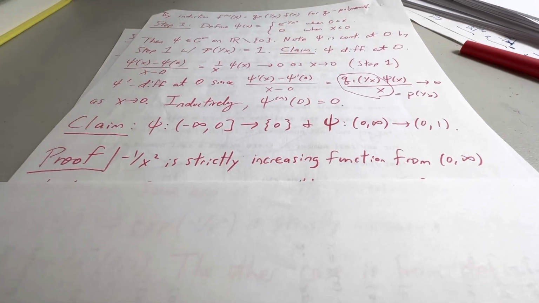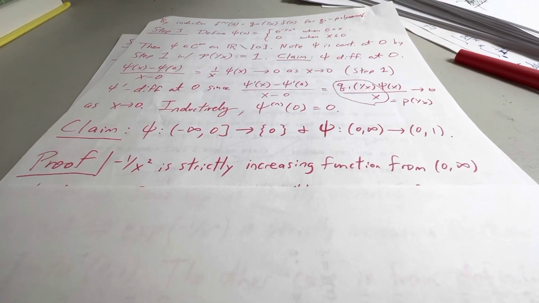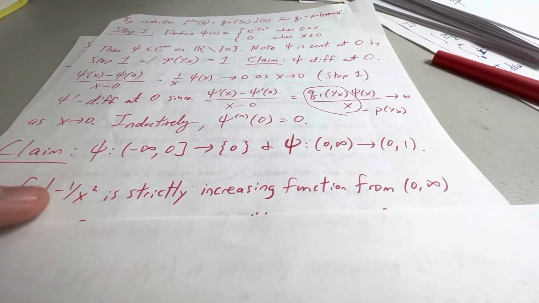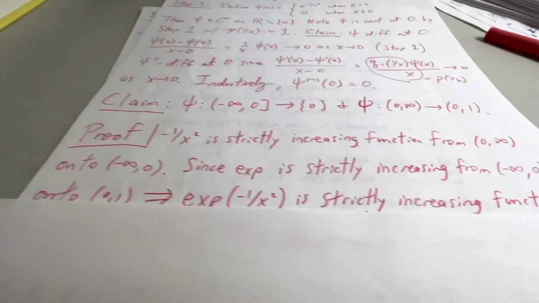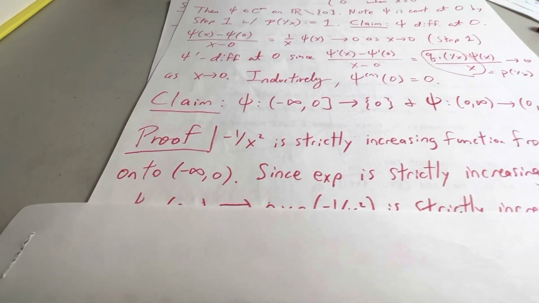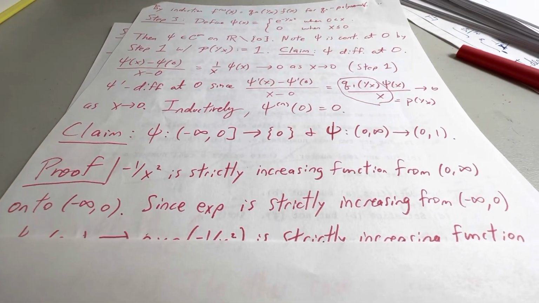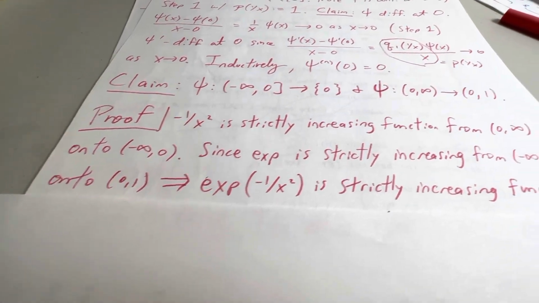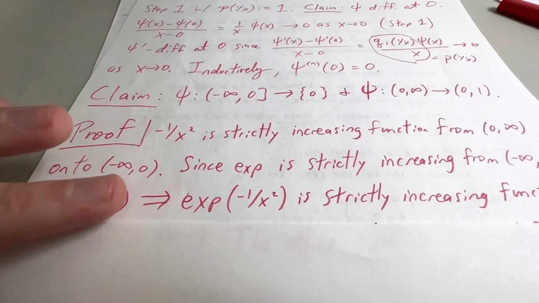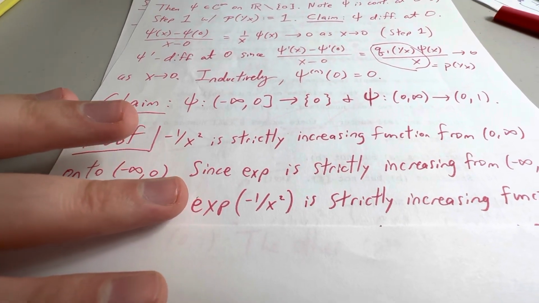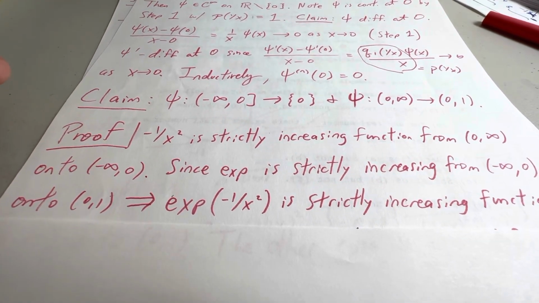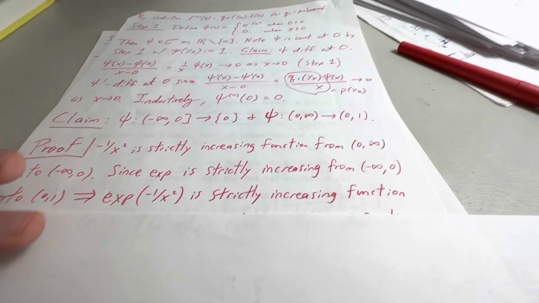You just make a couple observations. The function negative 1 over x squared is strictly increasing from the positives to the negatives. And because the exponential function is a strictly increasing function from the negatives to the unit interval, we know that this guy, apparently I started to write it as exp because I didn't want to write e to the negative 1 over x squared, but whatever, it means the same thing.